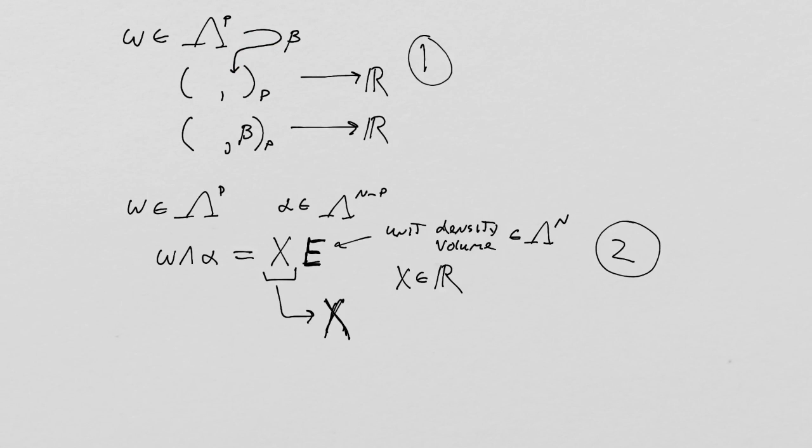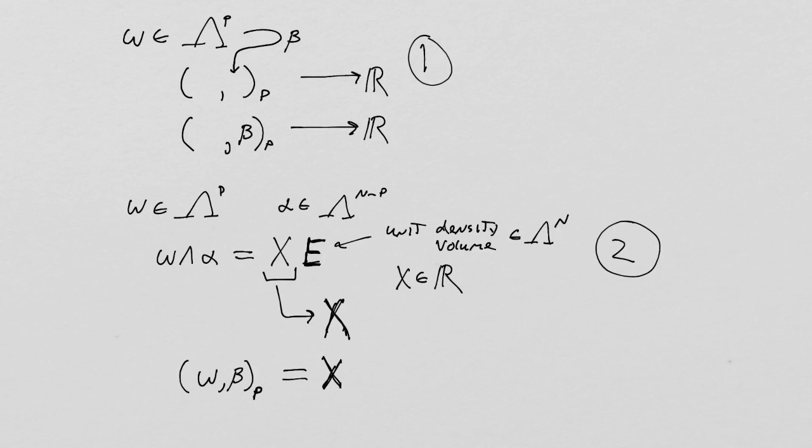So what we do now is we say, what happens if we demand these two processes yield the same result? That means we want omega inner product with beta, using the induced pth exterior form's inner product, to equal x.